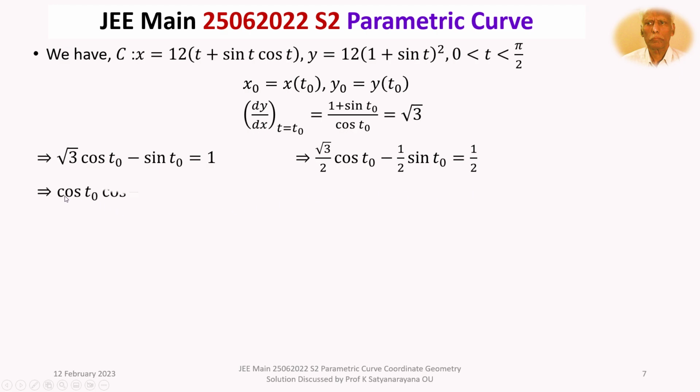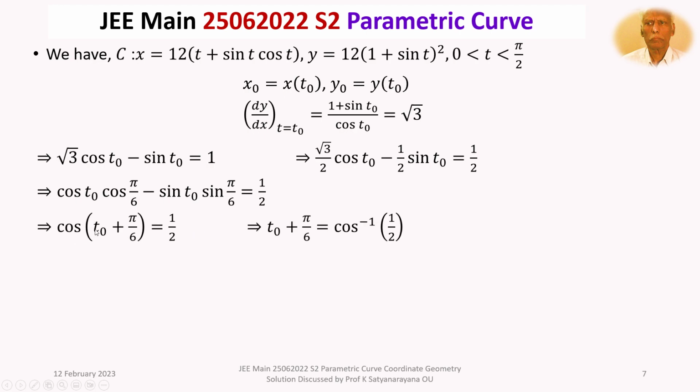This is written as cos t0 times cos π/6 (for √3/2) minus sin t0 times sin π/6 (for 1/2). This is cos A cos B − sin A sin B, that is cos(A + B), so cos(t0 + π/6) = 1/2. So t0 + π/6 = cos⁻¹(1/2).